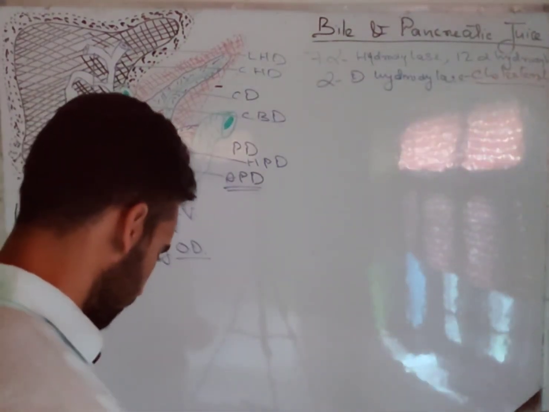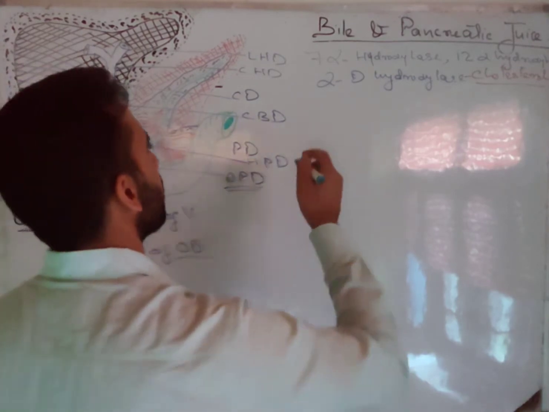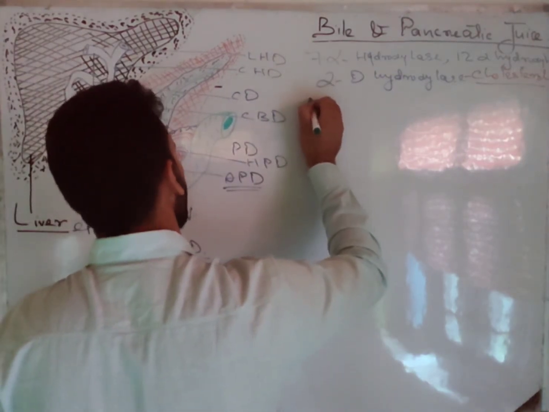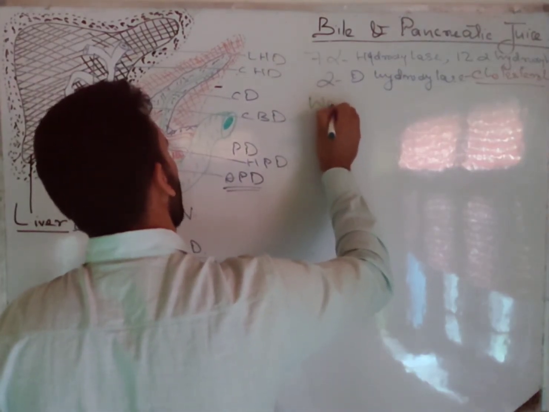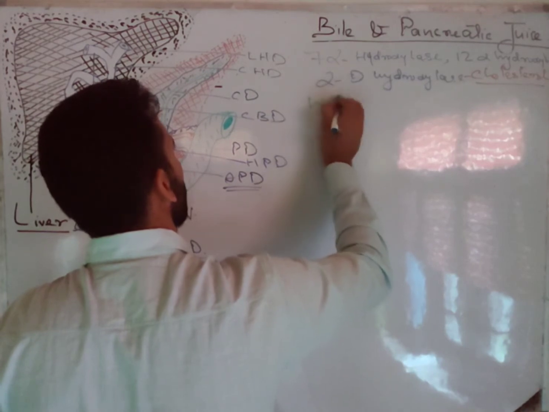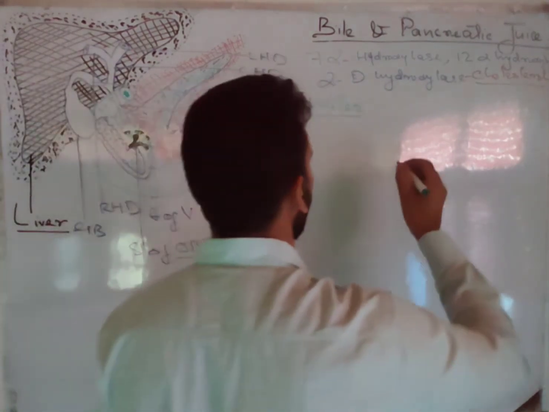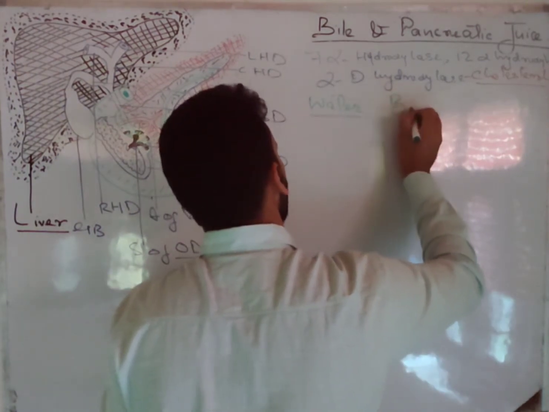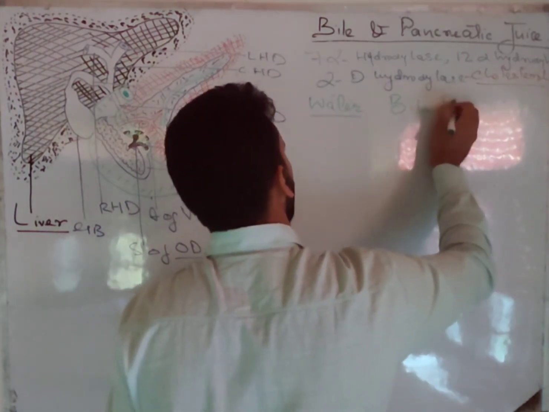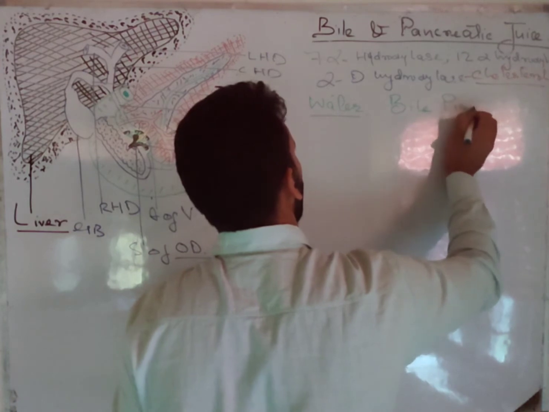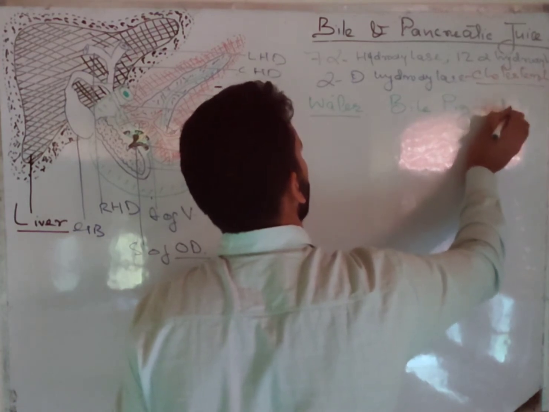Now, if we take a thorough look at the composition of the bile, we will find that bile consists of many substances, the important among which, present in the majority, is water. So, bile will consist of water, and it will consist of bile pigments.